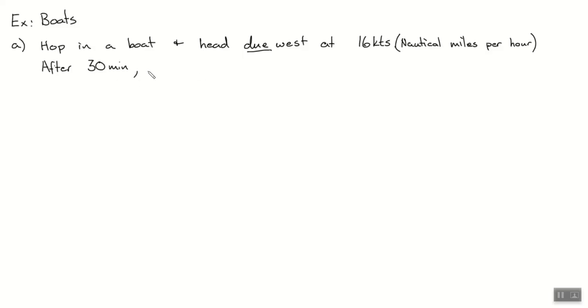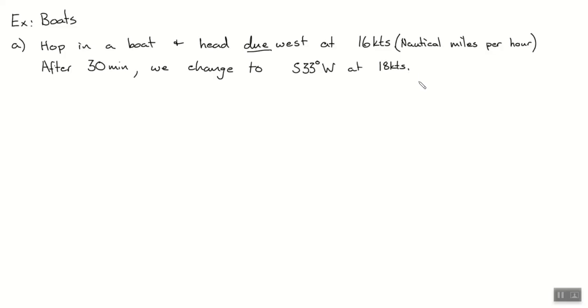But after 30 minutes, we change to, well, this is ugly, S33 with that symbol with a W, at 18 knots, nautical miles per hour.